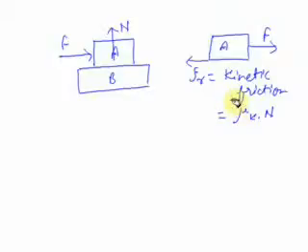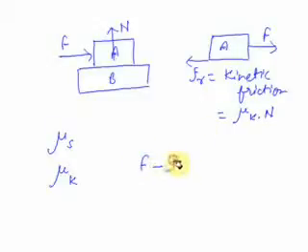Now again, the value of mu k will depend on the nature of the surfaces which are in contact. So for a given pair of surfaces, there are two values of coefficient of friction. One is mu s, which is the coefficient of static friction, and the other is mu k, which is the coefficient of kinetic friction. Now if we write the equation of motion for block A, we can write that F minus Fr is equal to ma, where m is the mass of block A and a is the acceleration.